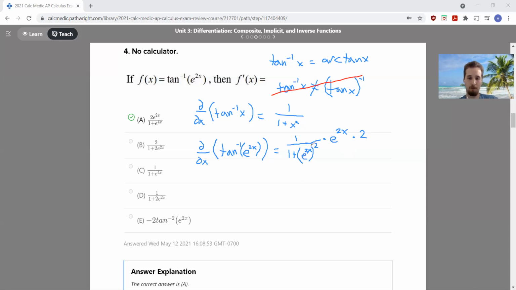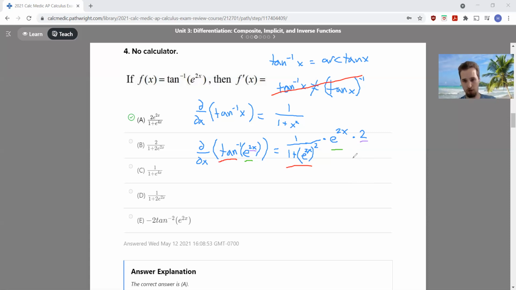So we took one function, the inverse tangent. The derivative of the inverse tangent is this, right? The derivative of e to the 2x, well, that's e to the 2x, because we had to take the derivative of the inside. The derivative of 2x on the very inside is 2. And finally, we are done. We've taken every single function, because there's nothing inside of 2x, right?